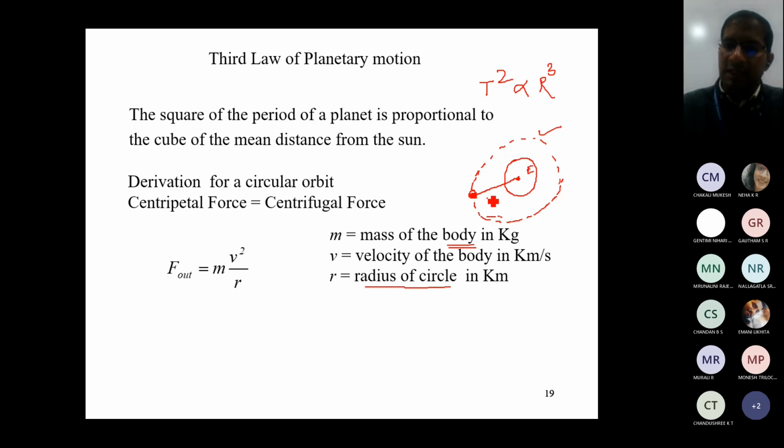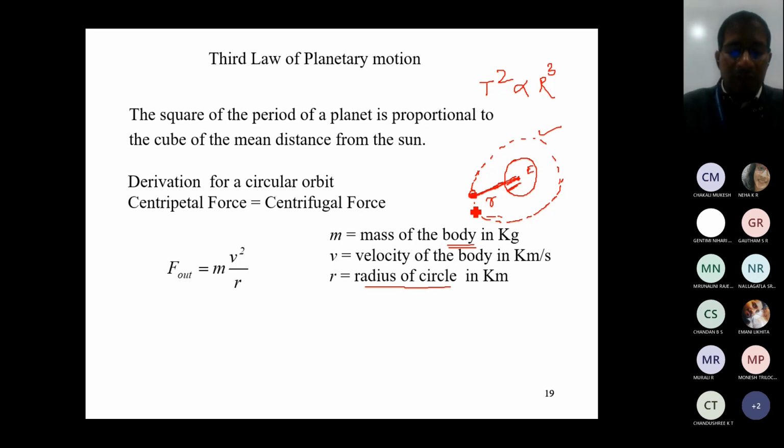So this radius is nothing but the summation of the Earth radius plus the altitude at which the satellite is located from the Earth surface. You should understand this: the radius of the circle is the summation of the Earth radius as well as the altitude of the satellite.